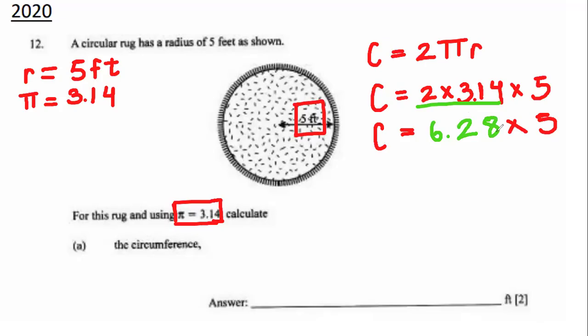So C is equal to 6.28 times 5. All right. So 6.28 multiplied by 5. What is 5 times 8? 40. 5 times 8 is 40. Put the 0 down. Put the 4 up.